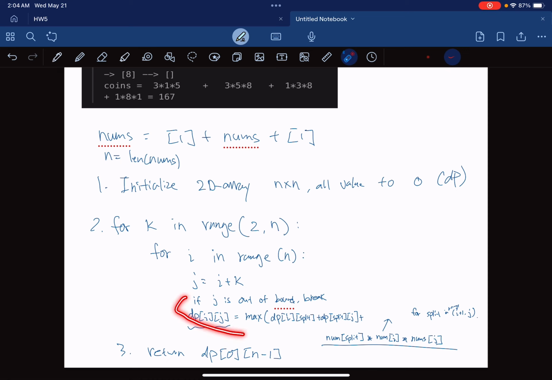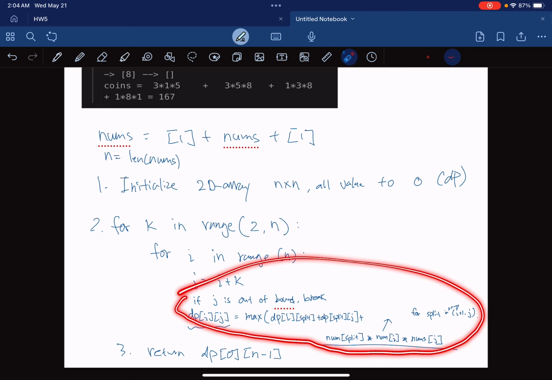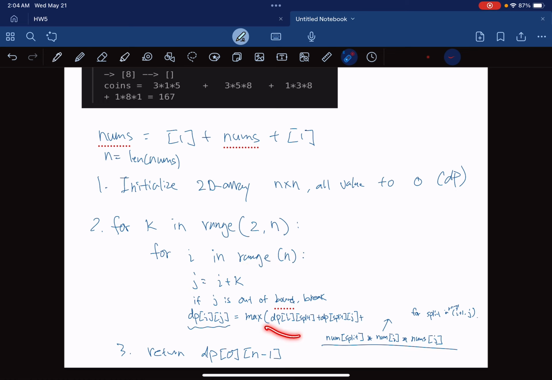And don't forget that because we have to try every single split option, and this could technically go up to n times, because at first there are not many split options. It would be one split option and then two split options all the way up to n, and this equals n times n plus 1 over 2. So this part is still O of n. So overall, we would have a nested loop of O of n. There are a total of 3 loops. So time complexity ends up being O of n cubed.